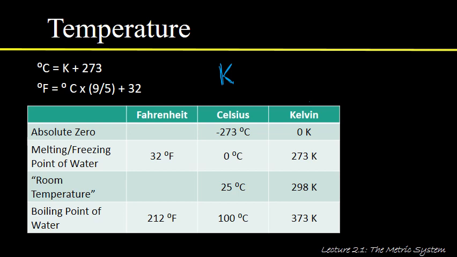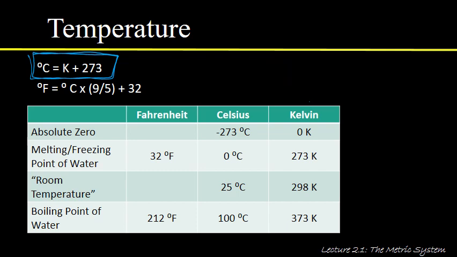Okay. Celsius, however, which is more common, which we usually actually do use, Celsius is written with a degree symbol. And the difference between Kelvin and Celsius is a matter of 273 degrees, or units if you want. Right?